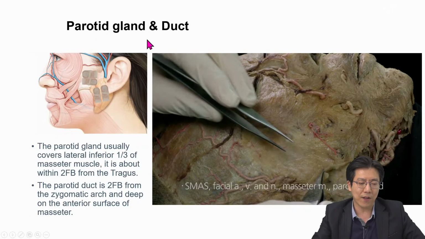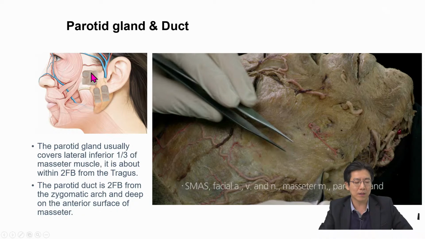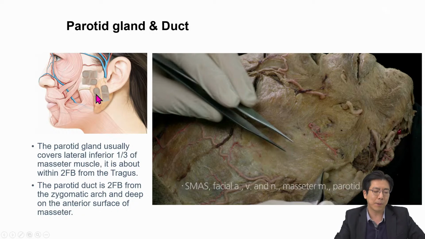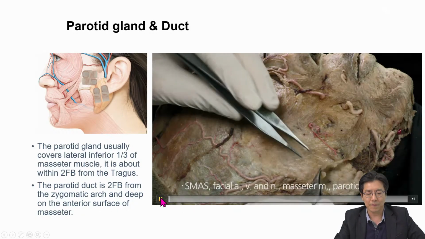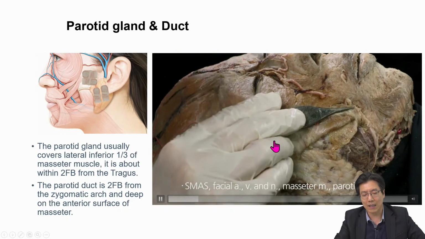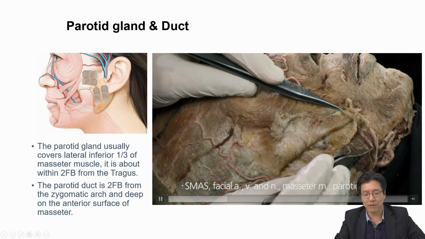And also on our face, there are very important visceral structures, the parotid gland and parotid duct. The parotid duct is mostly two finger breadths from the zygomatic arch, and anterior to the tragus, there is the parotid gland. How deep are they? I open the SMAS layer, and deep to the SMAS layer, we can see the parotid gland.